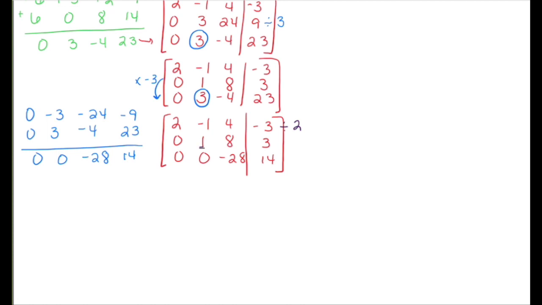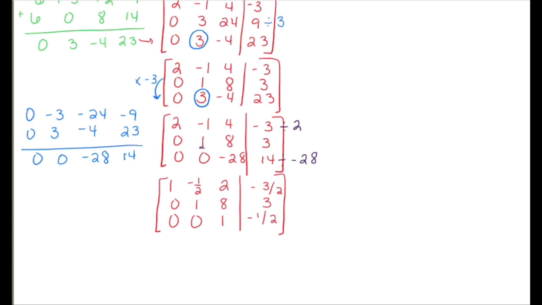I already have that 1 here, and then divide this row by -28. 1, -1/2, 2, -3/2. We'll still have 0, 1, 8, and 3, and then we'll have 0, 0, 1, and 14 divided by -28 is negative half.